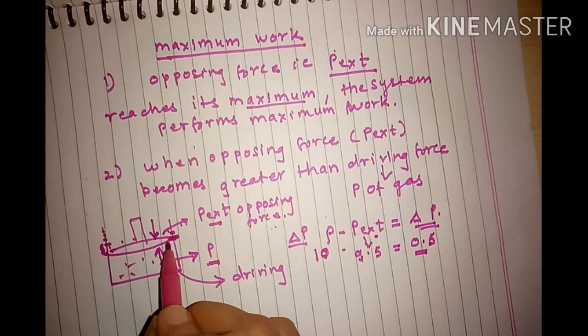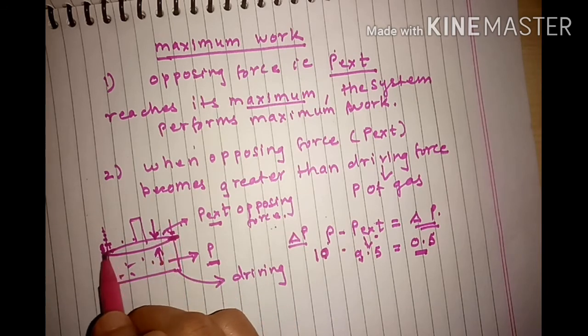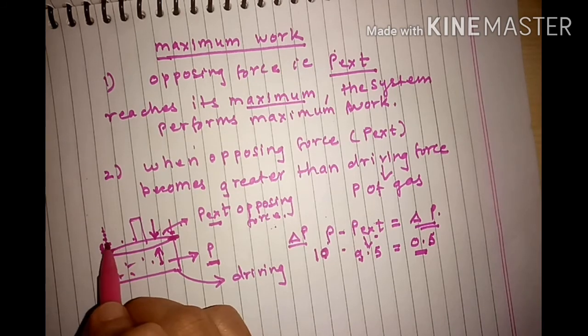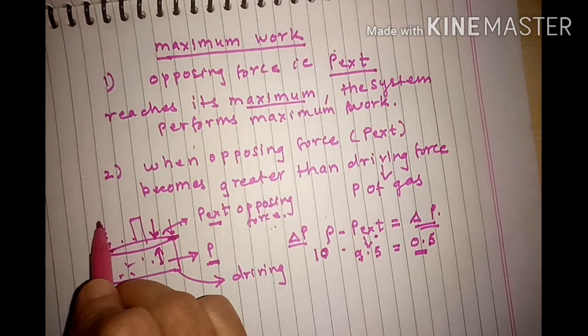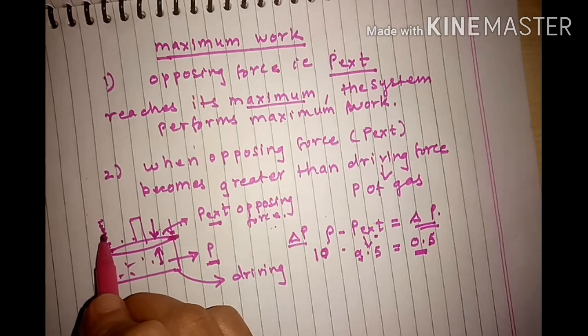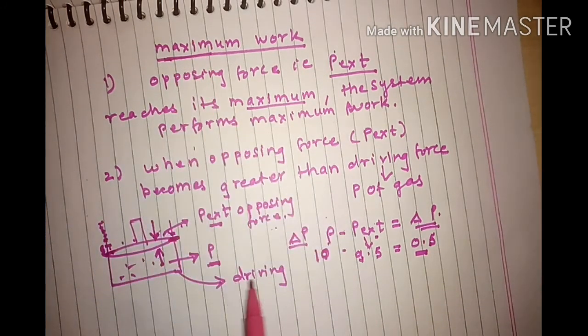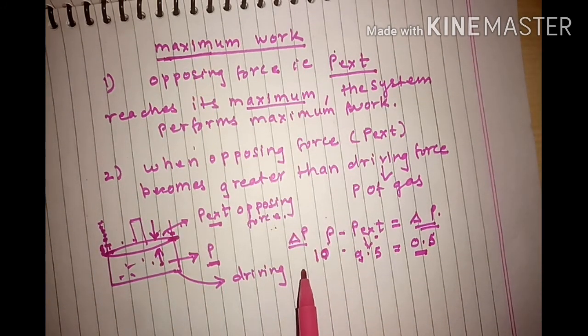If you again increase the pressure from the outside, it will come back down to its original position. It means that the process can be reversed. This is happening in a number of steps, and only then will you get the maximum work. So to get the maximum work, the process should be reversible.